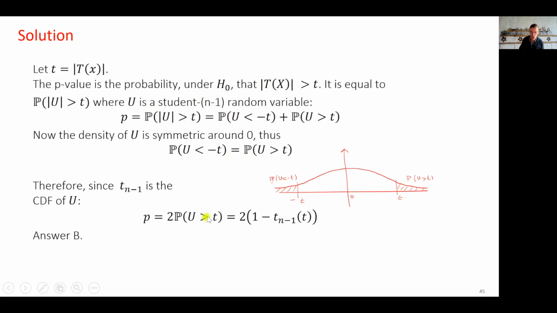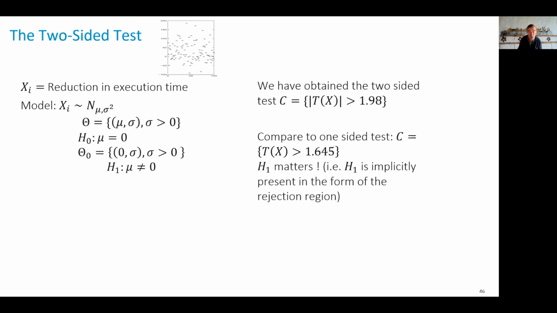Therefore, this is 2 times the probability of being larger than here, which is given by this formula, where little t of n minus 1 is the CDF of the student distribution, which is practically the same as the CDF of a Gaussian distribution. So that is the p-value of this test here, which is what would be returned by any software package here.